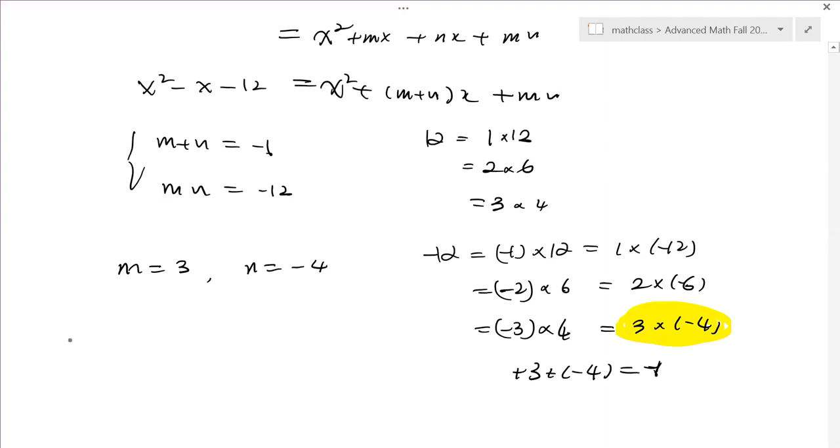Okay, we got it. So x squared minus x minus 12 is x plus m, x plus n, so x minus 4. And that's what we got before, right? That's called factoring.